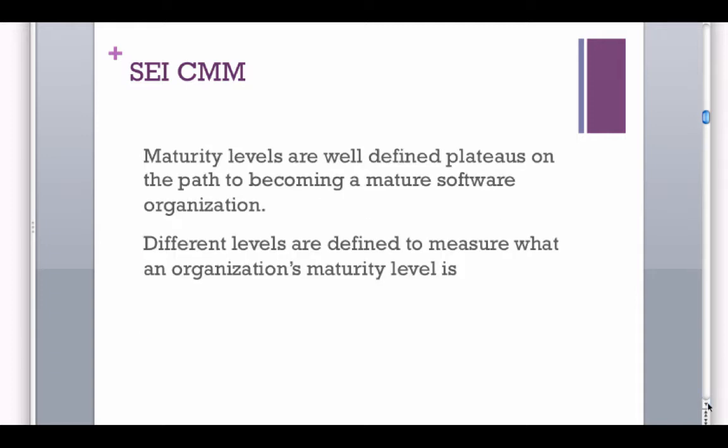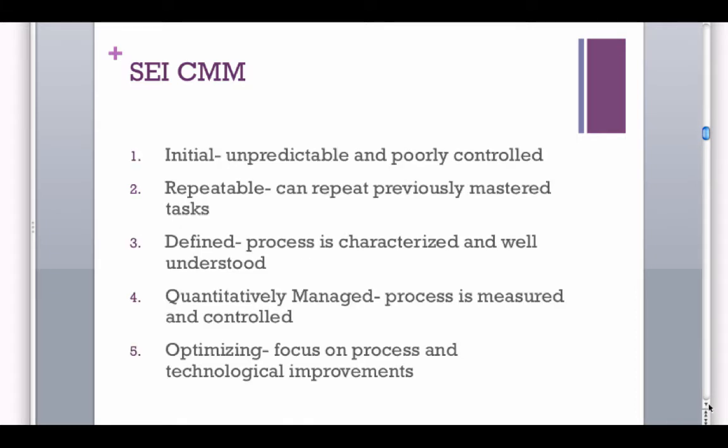So in the capability maturity model, there are different maturity levels or well-defined plateaus on the path to becoming a mature organization. And these different levels are defined to measure basically what an organization's maturity level is. Okay. And in this SEI CMM, there's 5 levels.